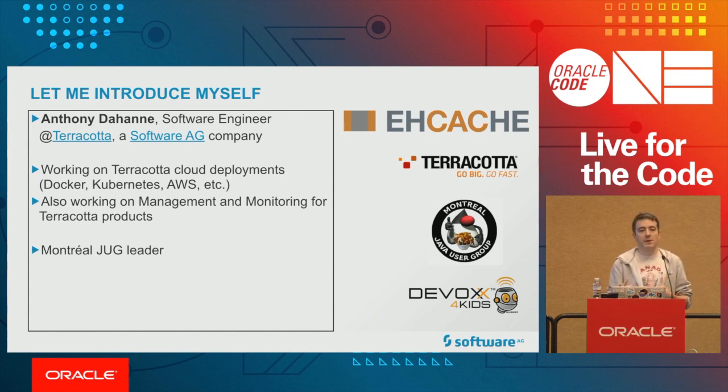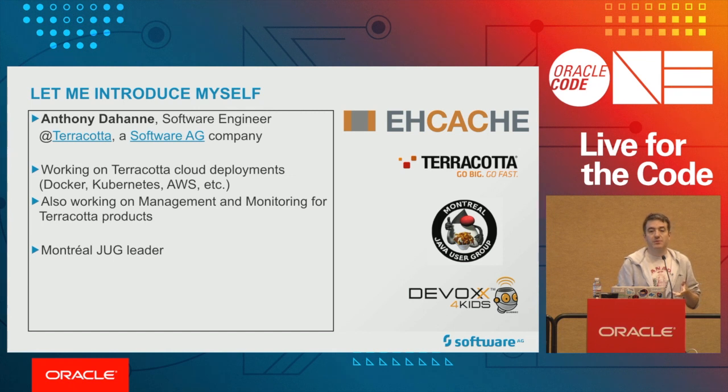So this talk is really about my findings, what I found interesting, and what I think the current trends, and I hope the lasting trends, are in 2018. Also, I'm a Java developer, definitely, and I'm working on management and monitoring aspects. So this is why this is also a topic of interest to me in the cloud.